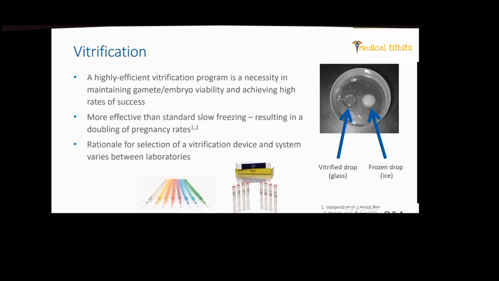Indeed, according to many publications, vitrification is more effective than standard slow freezing for most stages of embryo development, resulting in doubling of pregnancy rates. Because of the high efficiency of vitrification, various commercial kits and vitrification devices are now available to IVF labs.